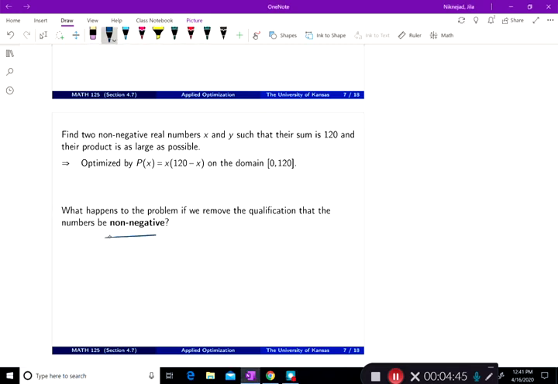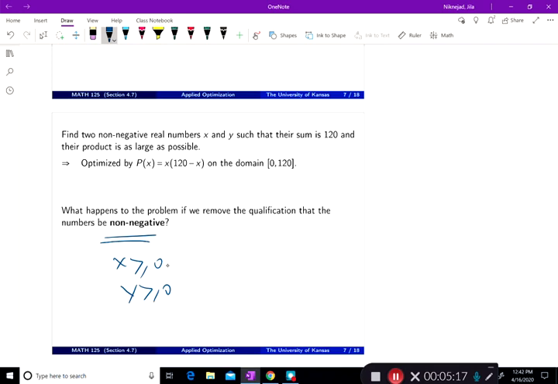What if I remove the two non-negative from the question? Then instead of x being bigger than or equal to 0 and y being bigger than or equal to 0, you will have x to be any values that you want, and x and y both are going to be any real numbers, and when you add them up together, they have to be only 120.